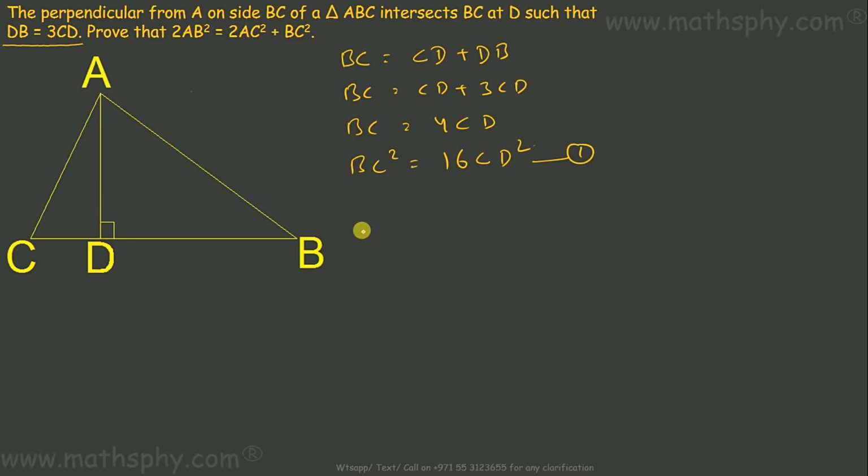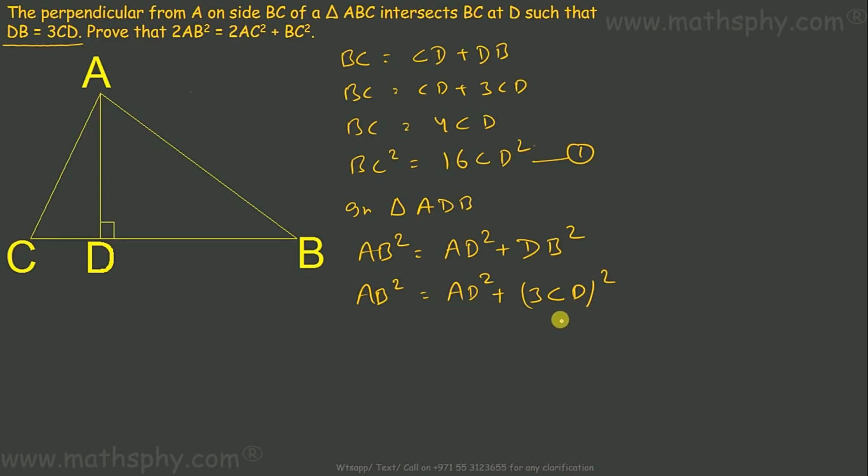Let's move back to this one here. In triangle ADB, this is a right angle at point D, so AB would be the hypotenuse. So AB square is equal to AD square plus DB square, which can be written as AD square plus 3CD whole square, which is 9CD square.